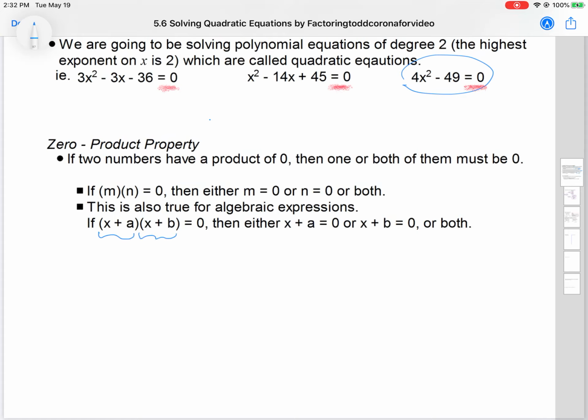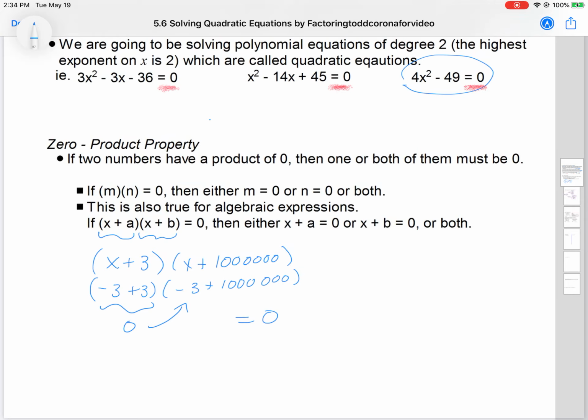When you have a binomial like this, and you're multiplying by another binomial, then if either of the binomials is 0, you're going to get 0 when you multiply. So if we had x plus 3 times x plus 1 million, and we put in negative 3, no matter that this is a million over here, because this changes to 0, when you multiply by this, you get 0.